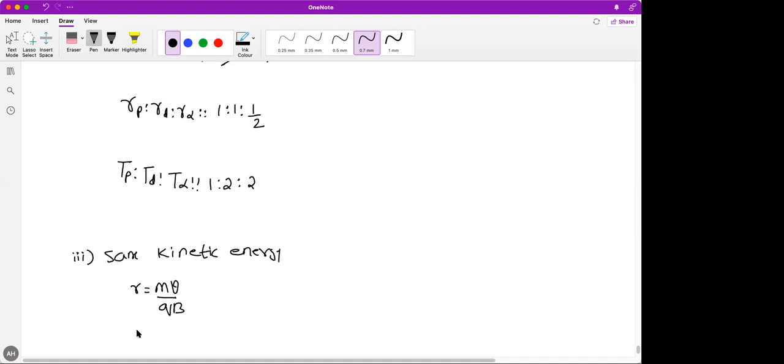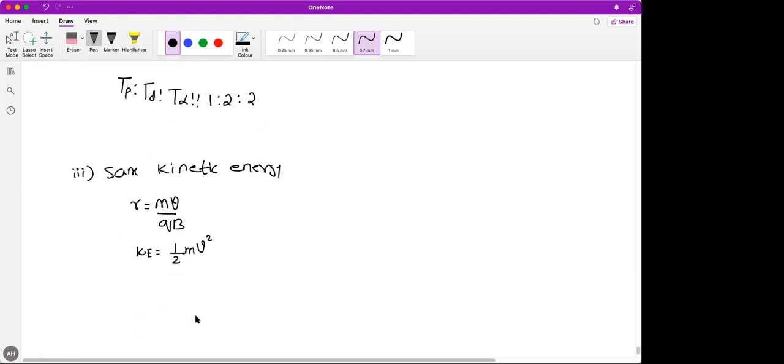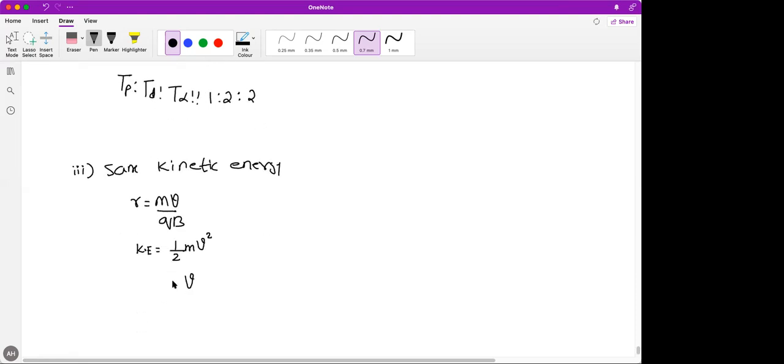So what you can do is write the expression of kinetic energy. Kinetic energy is half mv squared. From here you can calculate v. It's root over twice of kinetic energy divided by the mass of particle.